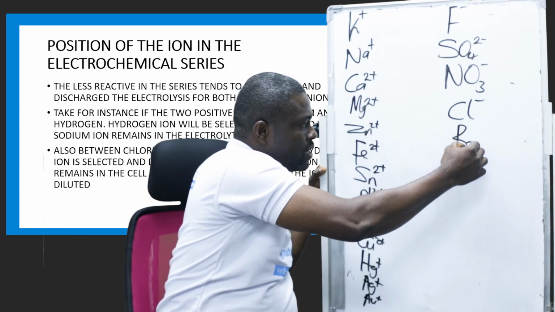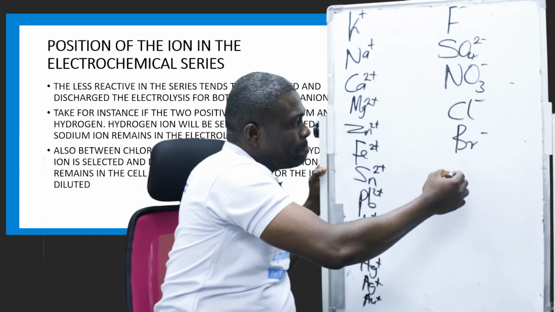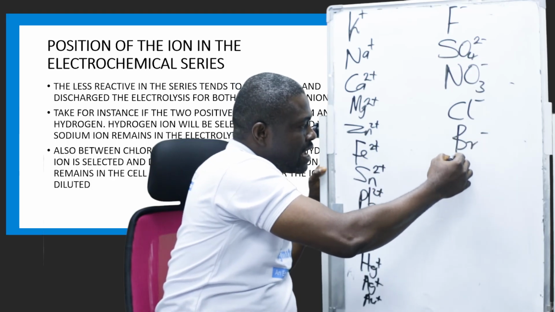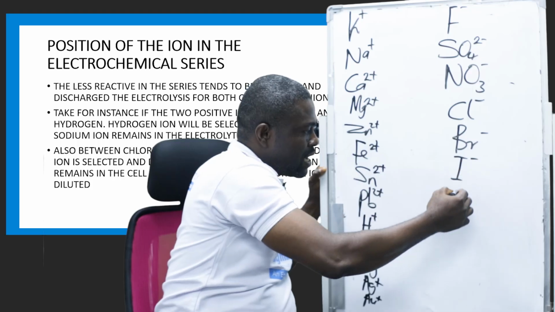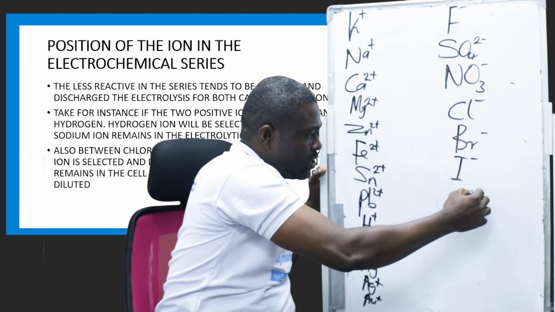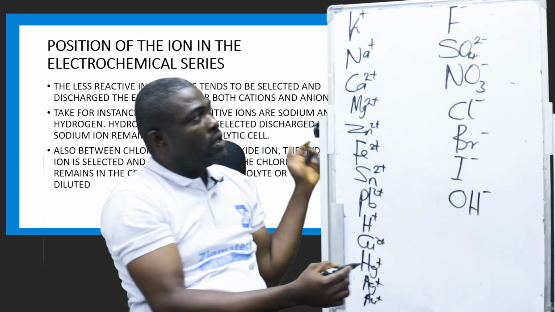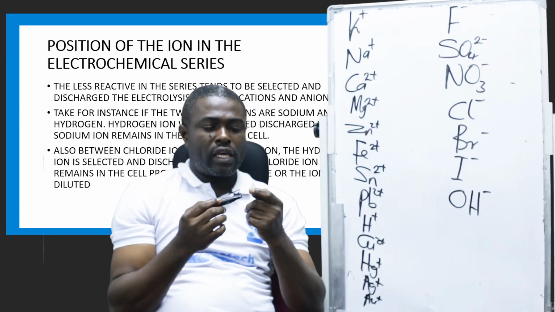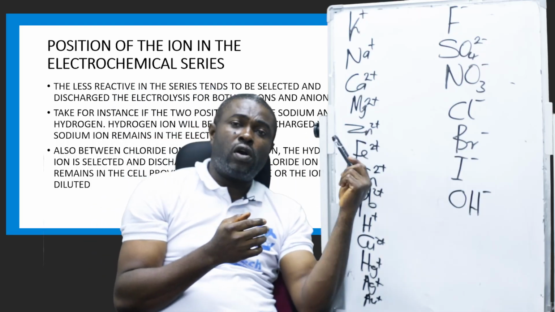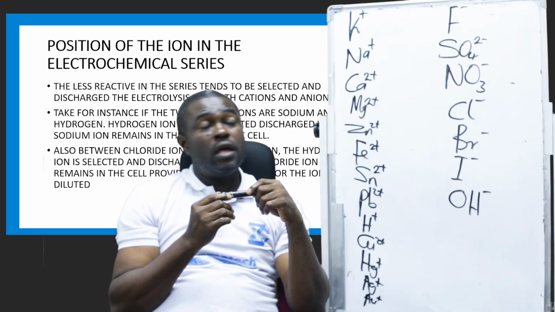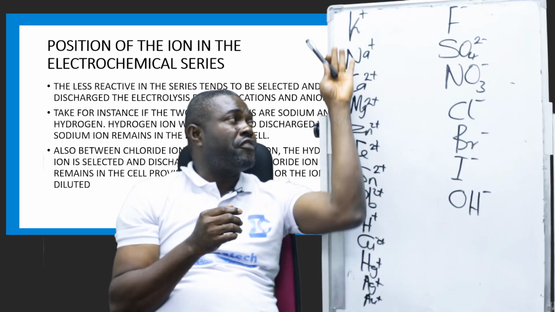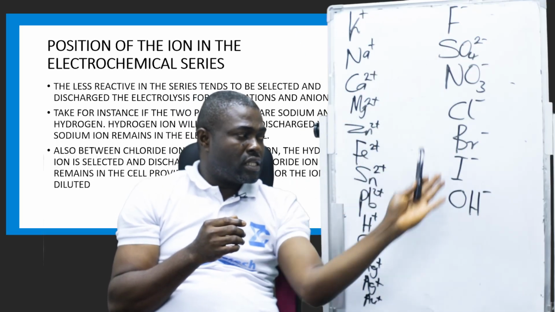Bromide ion, Br minus. Iodide ion, I minus. And hydroxide ion, OH minus. These are what we call the electrochemical series. These are the positive ions, and these are the negative ions.